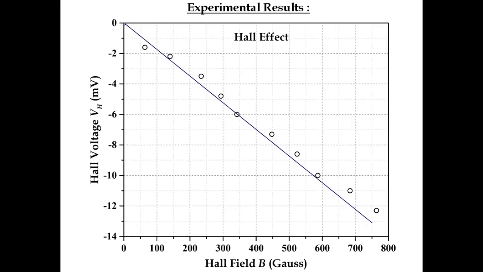We'll try to draw the straight line in such a way that some points will be on the upper region, some points in the lower region, so that the total errors due to the points on the upper region must be balanced by the total errors due to points on the lower region.